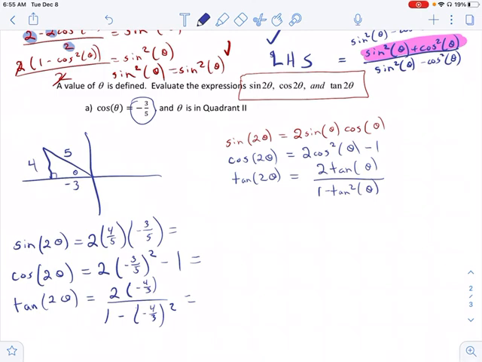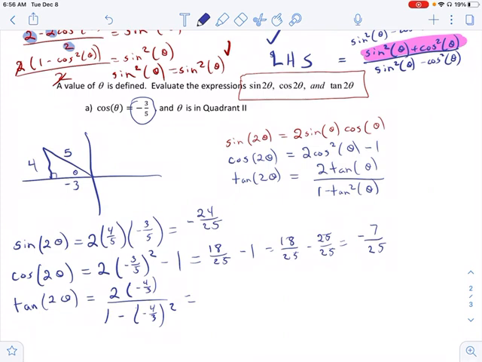Looks like 2 times 4 times negative 3 is negative 24 over 25, so this would be negative 24/25. Here, if I square my negative 3/5, I'm going to get 9/25. So this looks like 18/25 minus 1, which is 18/25 minus 25/25, because that's the same thing as 1.